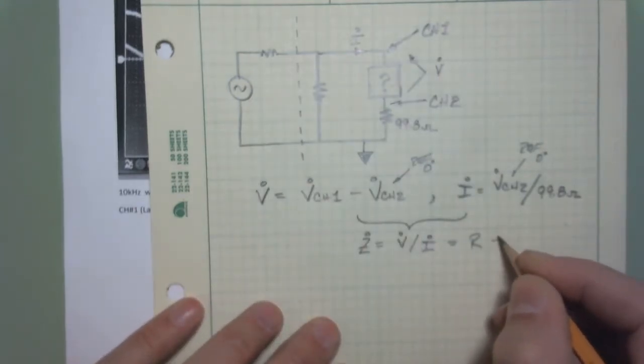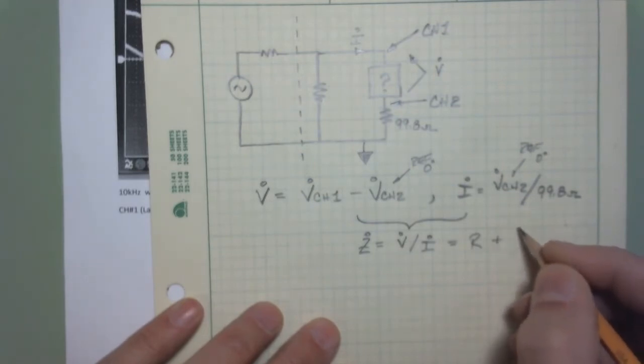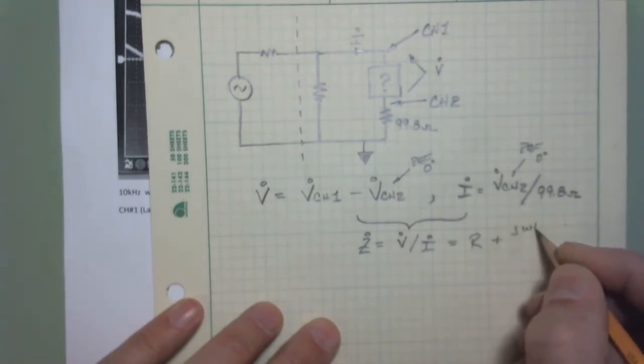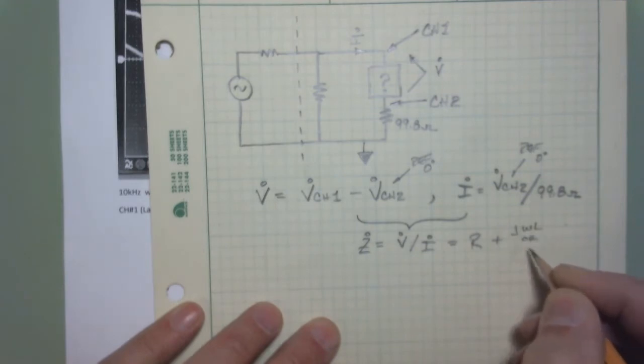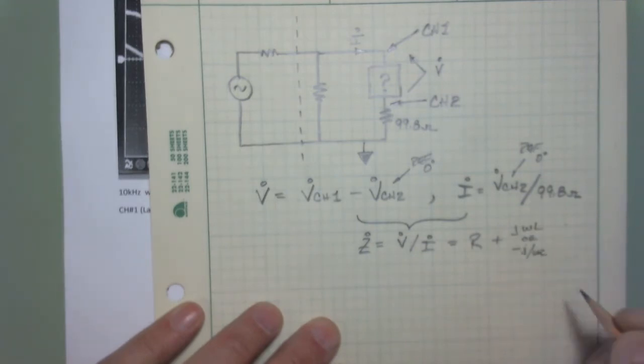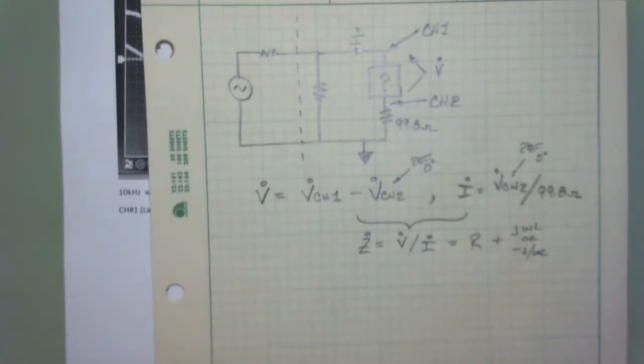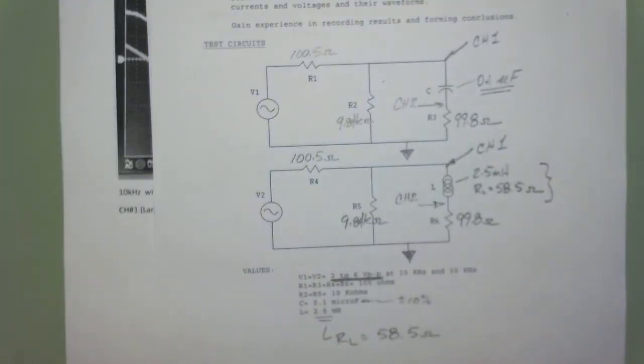I can just say that it's plus j omega L, or I could say minus j over omega C, right? Okay, so that's what I've got going on there. And I'll go through an example and try to cement that a little more. So that's what we've got there.